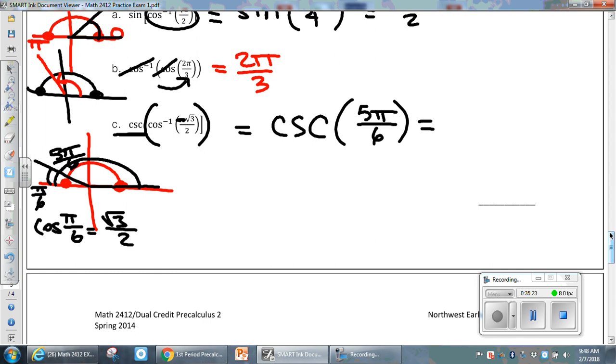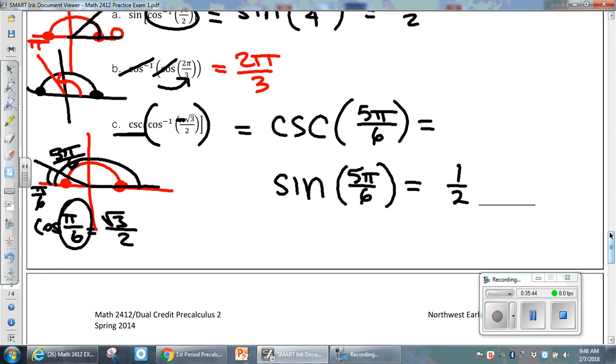Okay, and so for cosecant, you might feel like, oh, well, I don't know what that is. Well, but you know what sine of 5 pi over 6 is. You have to know, because that's my favorite. This is sine of 30. 1/2. Why am I saying that? Because I'm using the reference angle pi over 6.